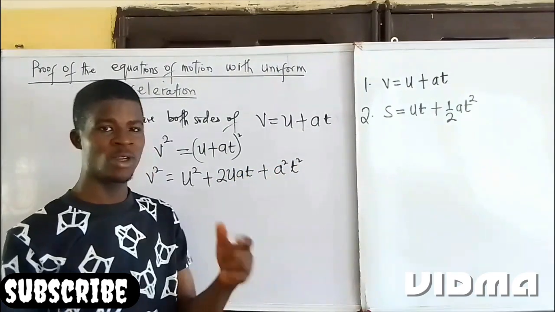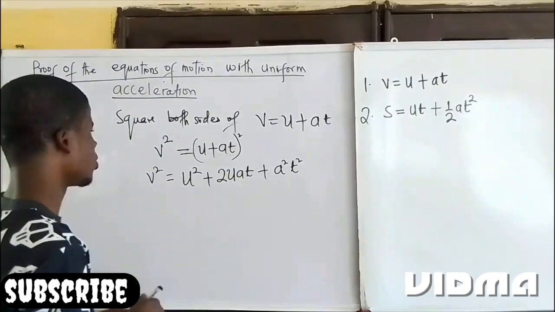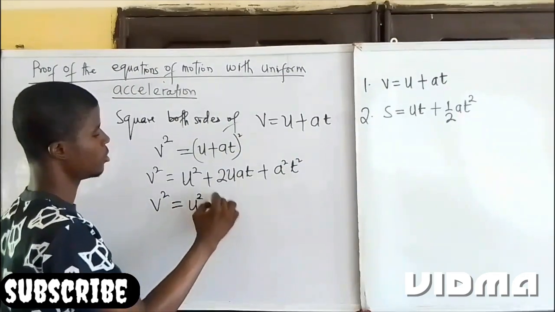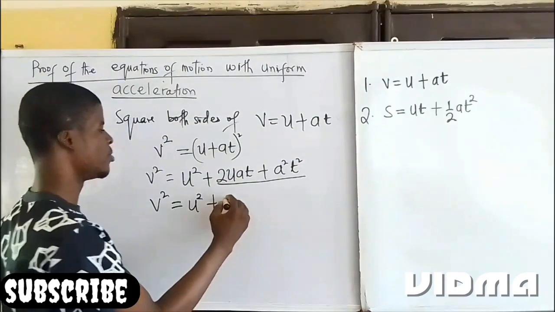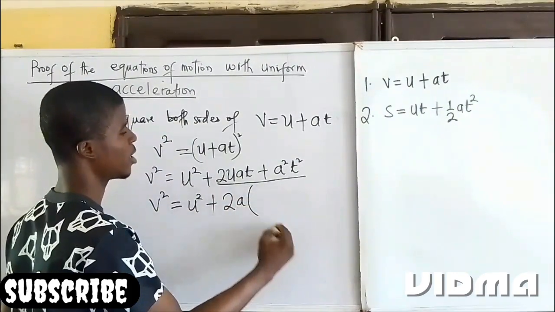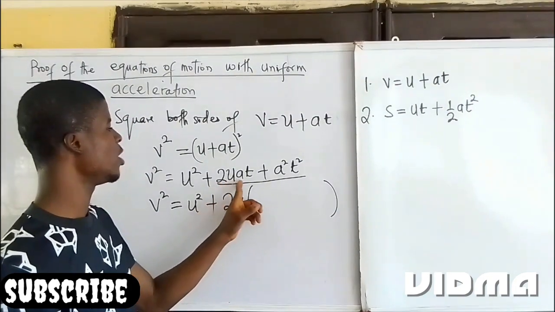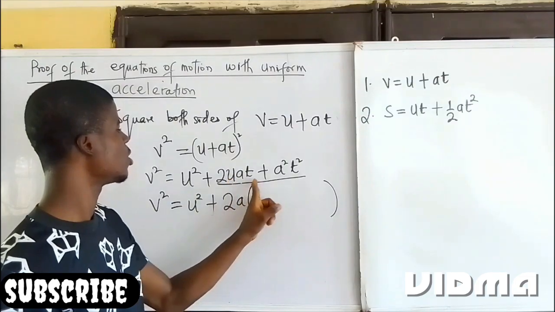You can actually work it out to see how it is gotten. So V squared is equal to U squared plus, for these last two things that I have here, I'll bring 2A out, open a bracket. Now watch. If I divide 2UAT by 2A, what we'll have left is just UT.